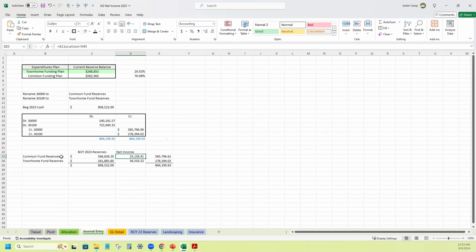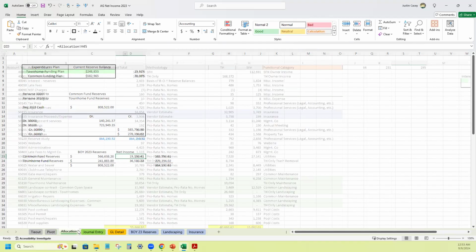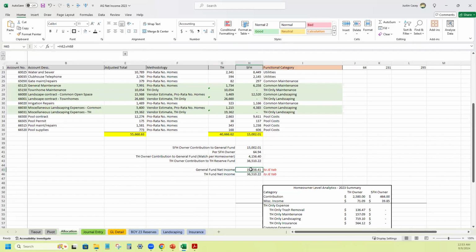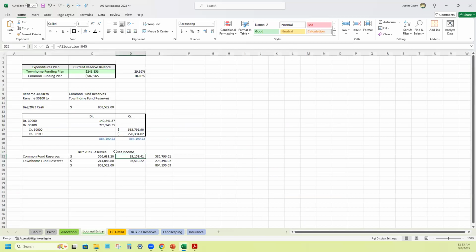So net income of the common fund is here. General fund net income, which equals single family homeowner income plus townhome portion of single family homeowner income matched dollar for dollar, penny for penny, is added to the common fund reserves.